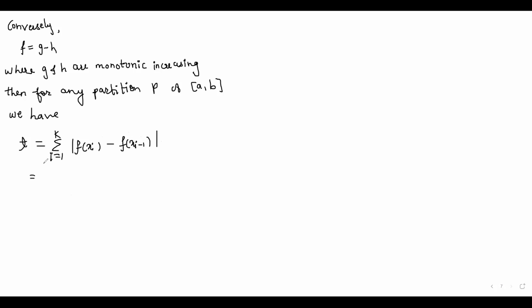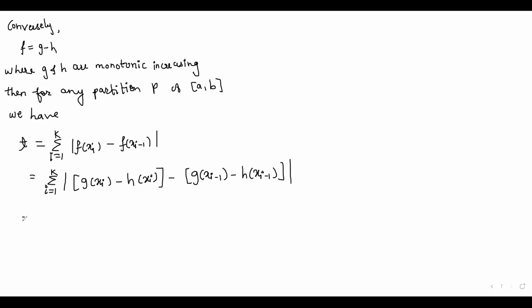So now f is equals to g minus h. So this can be written as summation i from 1 to k mod of this f of xi can be written as g of xi minus h of xi, minus this f of xi minus 1 can be written as g of xi minus 1 minus h of xi minus 1.